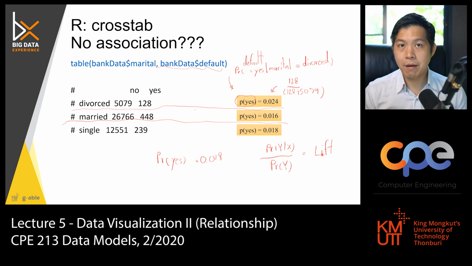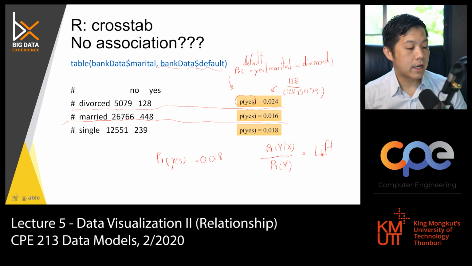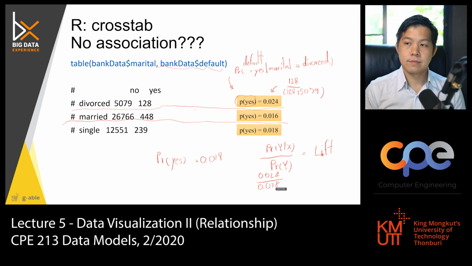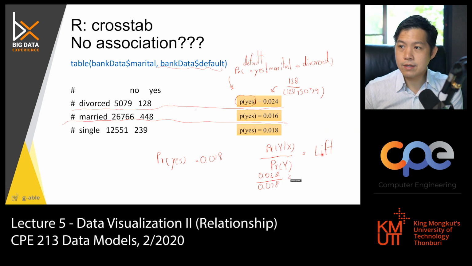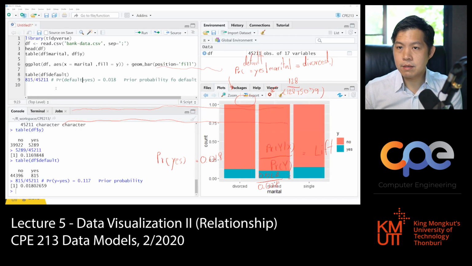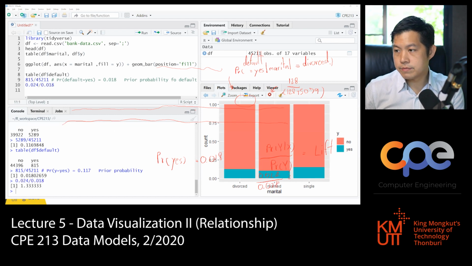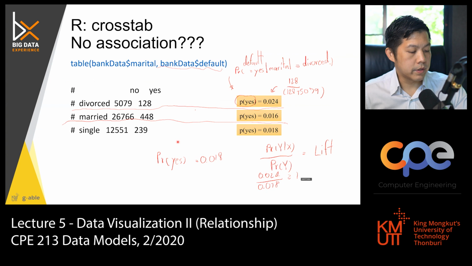The gain in the probability. So you just take for this one 0.024 divided by 0.018, right? And it should equal about 1.5, I think, or some value like that. 0.024 divided by 0.018 equals 1.33.